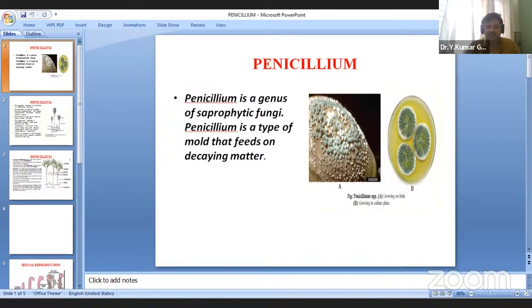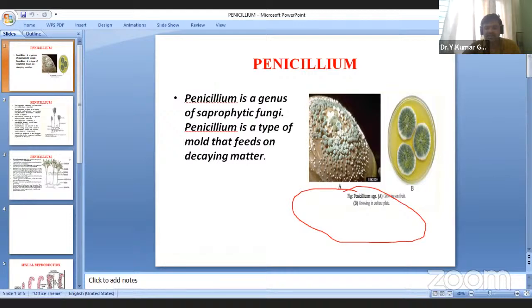And if you see the vegetative structure, the vegetative body of Penicillium is called mycelium. The mycelium is branched, as we can see in the diagram. This is the complete mycelium structure.